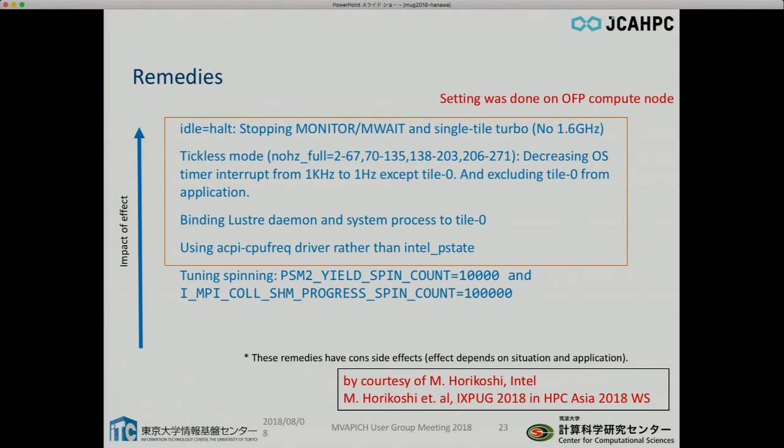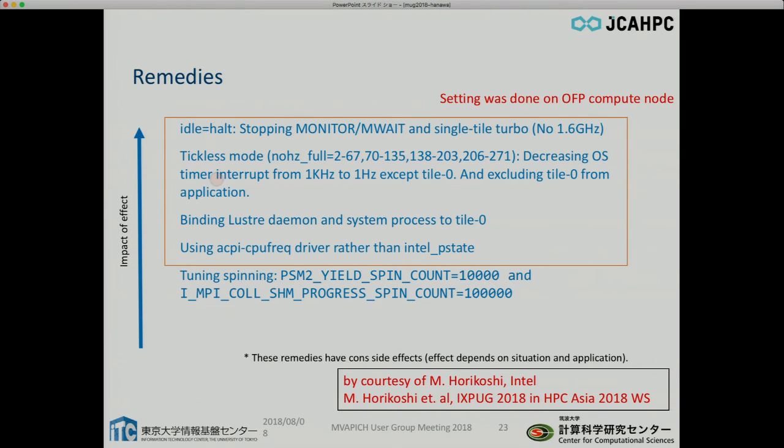So these are the remedies for the root causes. The OS mode has to be changed with such settings. Finally we applied these settings to each OFP compute node.